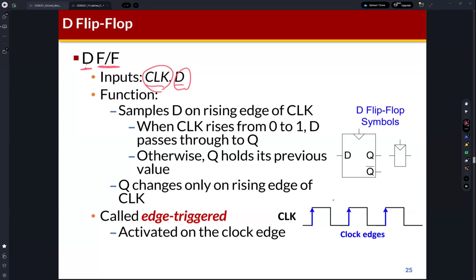But the behavior is different. How? This is the function of the D flip-flop. You can find that the D flip-flop samples. So what is sampling? Sampling means that at a certain time, a very short time, t equals a certain time like t0, we just store a certain value of the input.